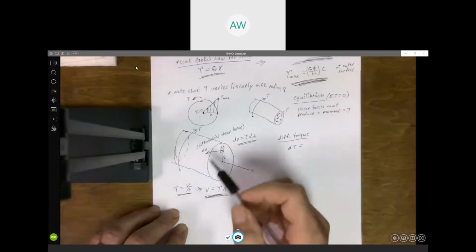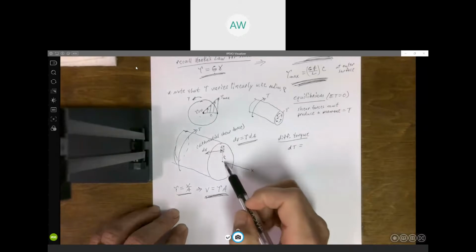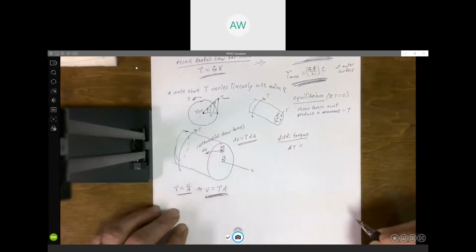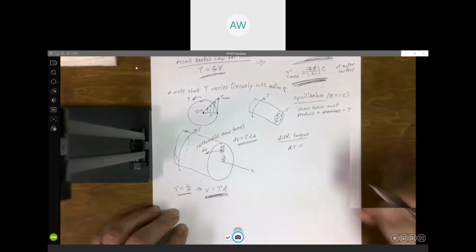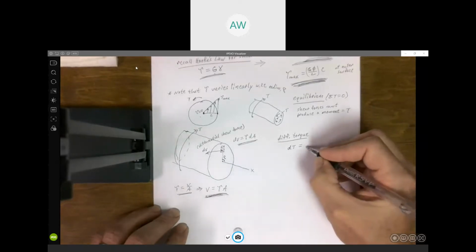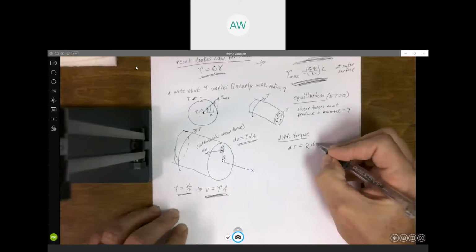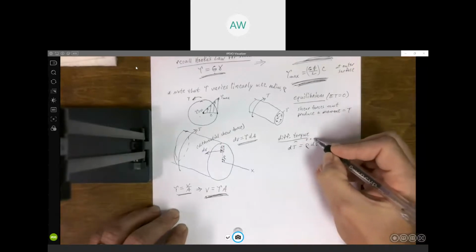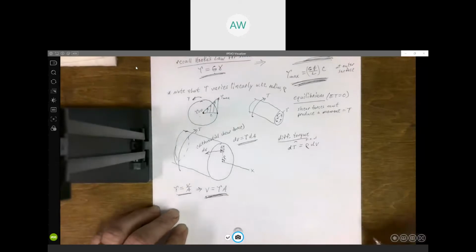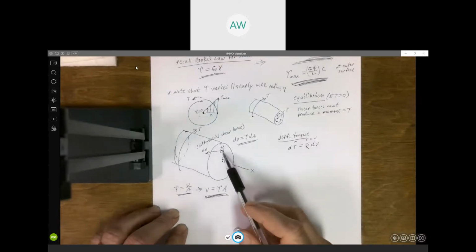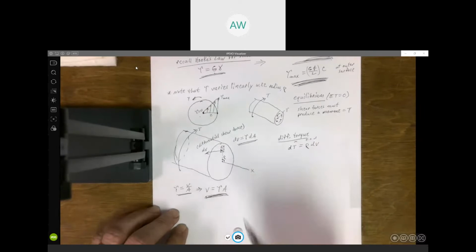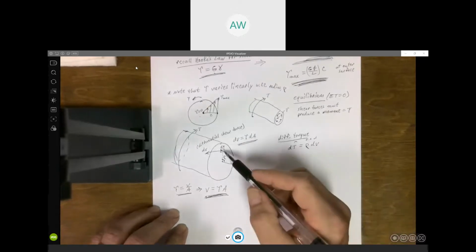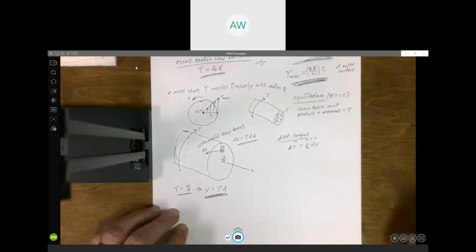It's going to be whatever that differential force is times the distance away, because that's the perpendicular distance from that axis. So it would be rho times dV. All this is moment equals force times distance: the moment caused by that differential shear force is that differential shear force times that distance away from the axis.